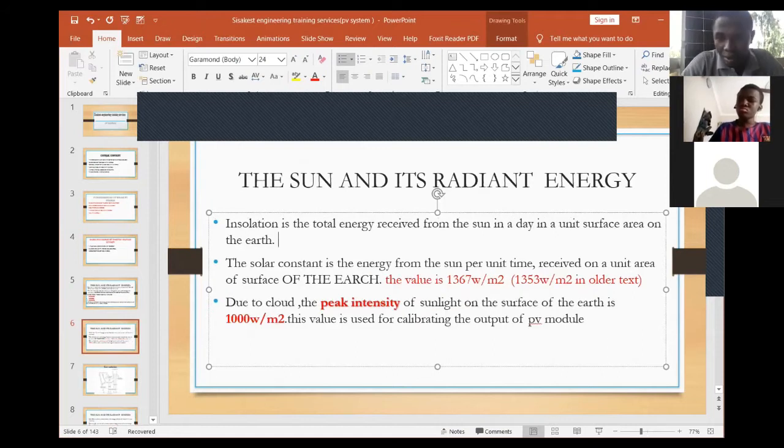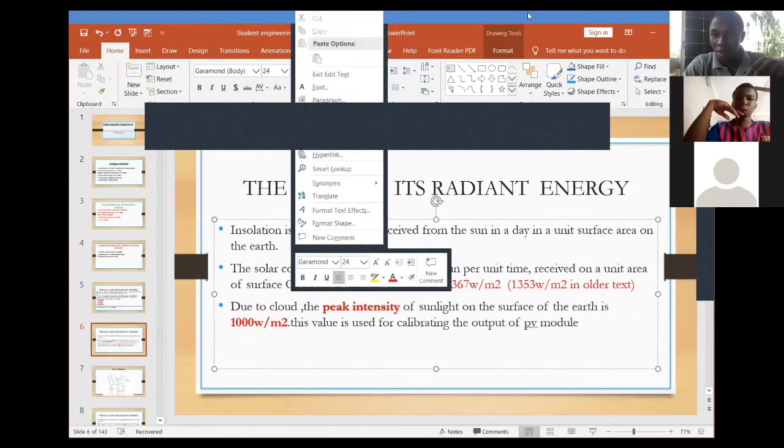Now, the solar constant. We are really getting into the nitty-gritty. Imagine we are both in Nigeria, somebody is in Port Harcourt, somebody is in Abuja, and I'm in Osun State, in Ife here. We don't expect us to receive the same intensity of radiation, so we expect variations in the radiation. Why? The surface of the earth is not flat, and it's not perfectly spherical.